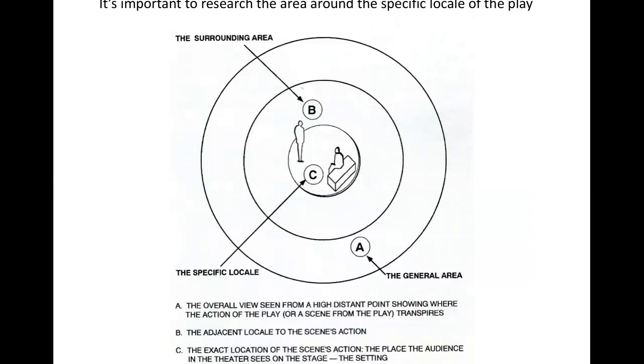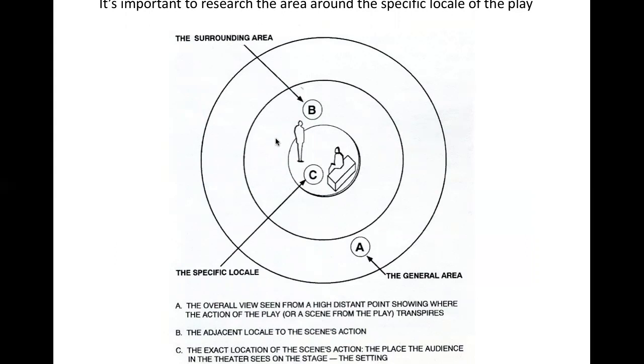But one of the things I think is so important for what Darwin Reed Payne is stressing in his book is how important it is not only to look at the specific locale that the play is set in, but keep moving out, both as you develop the design and also as you're doing your research.